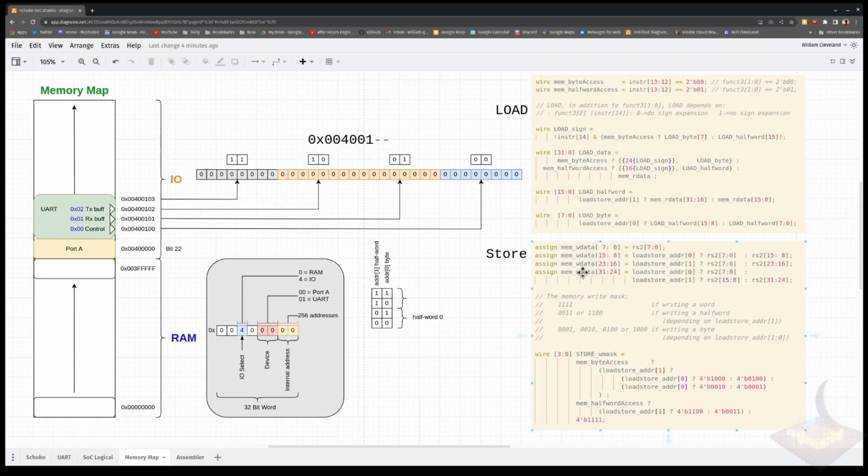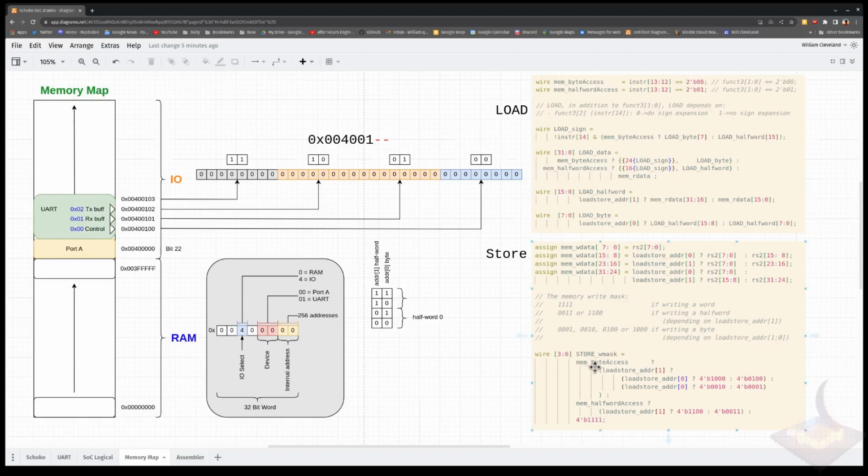And the storage is almost identical, other than we're dealing with a mask. So we need to set up our write data based on our load store address. And it's again looking at the lower 2 bits of the address right here to determine what it's trying to do. If it's doing a byte, then this will be 0. If it's doing a half word, then this bit goes to 1. Again, we're up here looking at that.